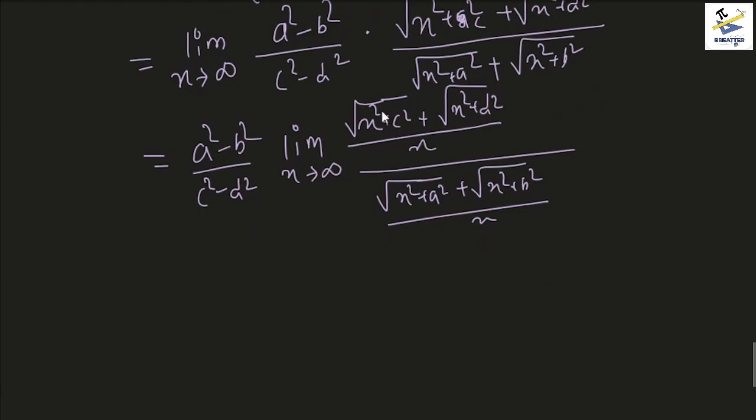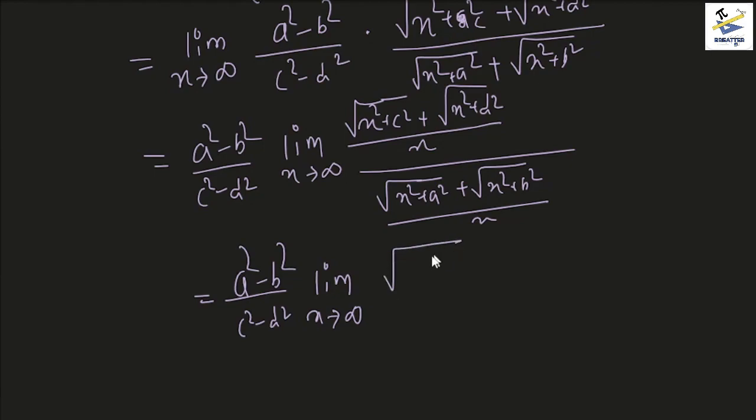Now this x can be absorbed inside the square root of each term as root over of x square. So once you put the x inside the square root, it becomes by x square, right? So the limit becomes a square minus b square by c square minus d square, limit x tends to infinity.